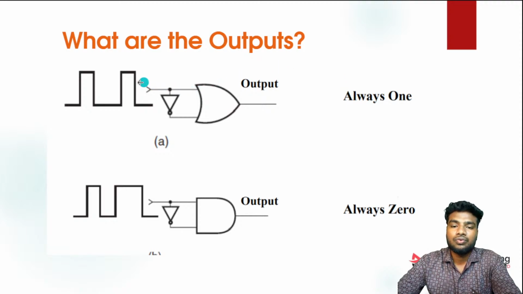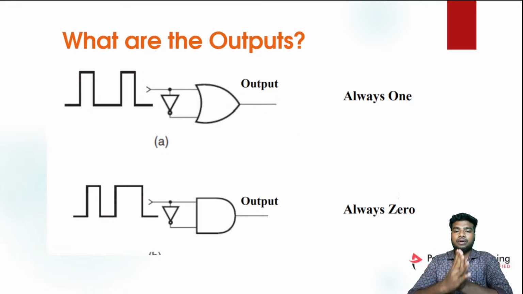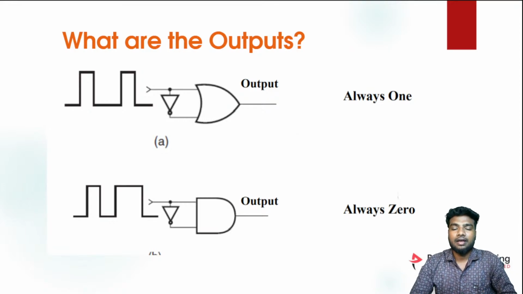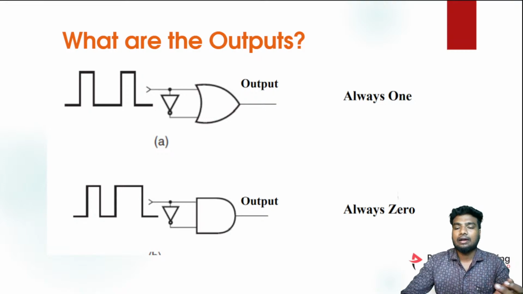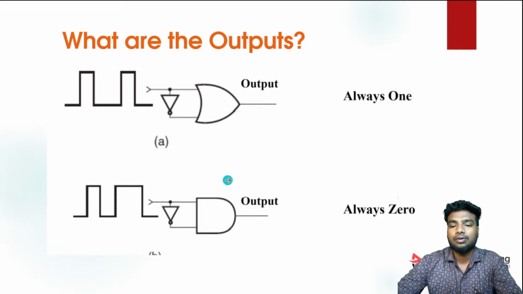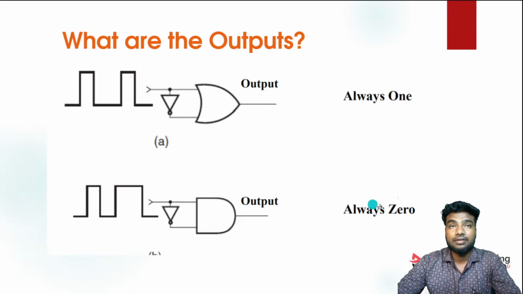So if you give 0 or 1 you will always get 1 as output. And for this circuit, you will always get 0 as output. In an interview some people may ask you to draw a circuit for which you will always get 1, or always get 0. At that time you can try this; your answer will be this. So this is the circuit for always 1, and this is the circuit for always 0 as output.